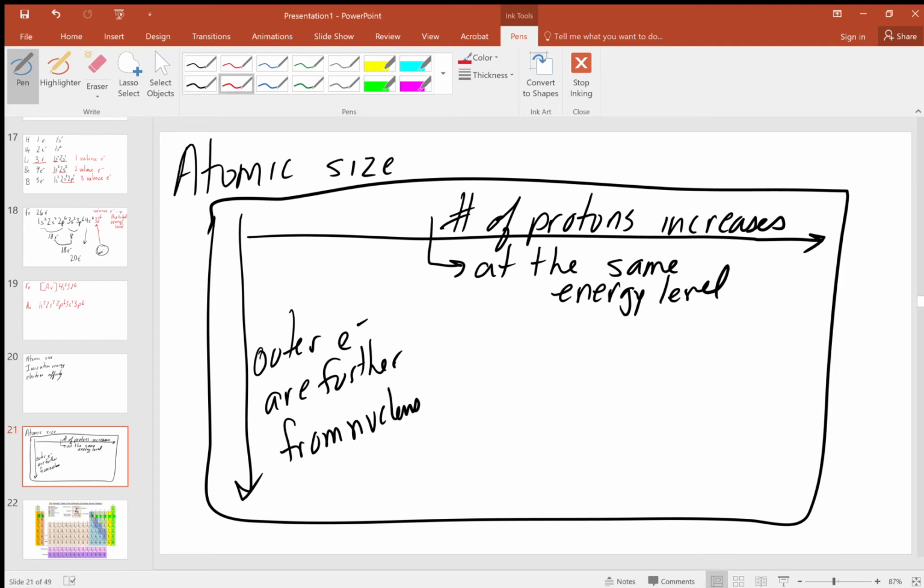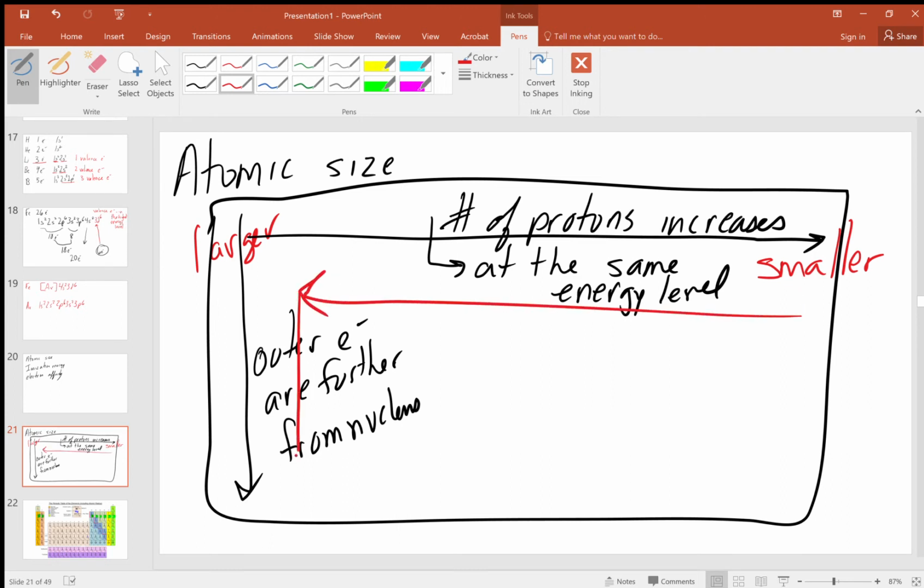And so because of that, the atoms on the right side are smaller than those on the left side. So the size of an atom increases going to the left and increases going down.